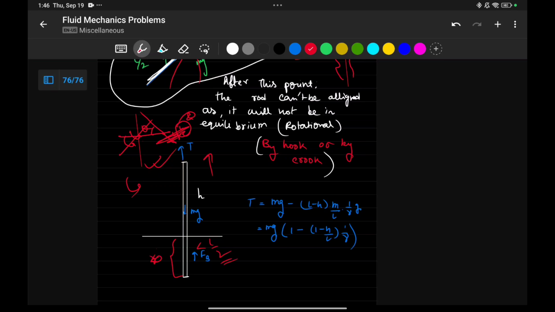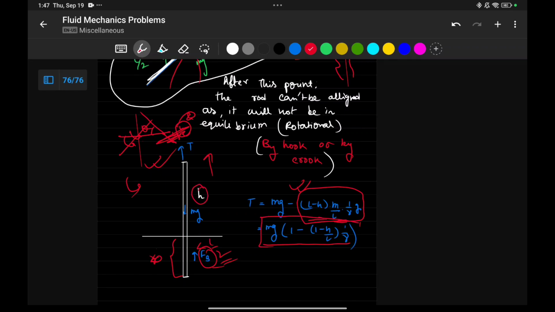Now what will be the translational equilibrium? That will be T equal to mg minus the buoyant force. The buoyant force will be (L minus h) into m by L into 1 by gamma into g. This is self-explanatory. I have explained it before too. So this will become directly this. Now this is also not valid forever because h is limited.